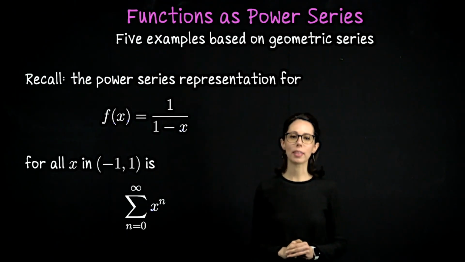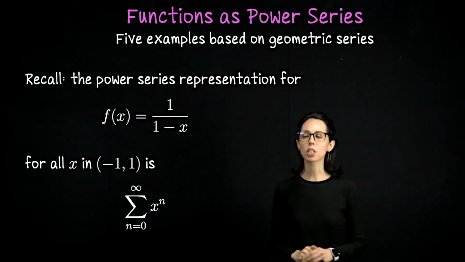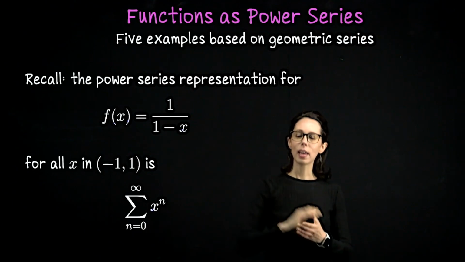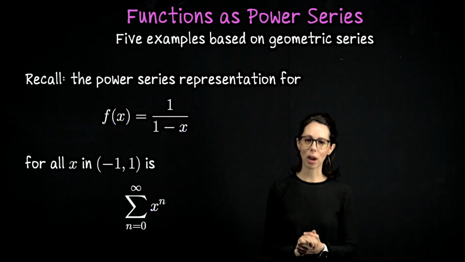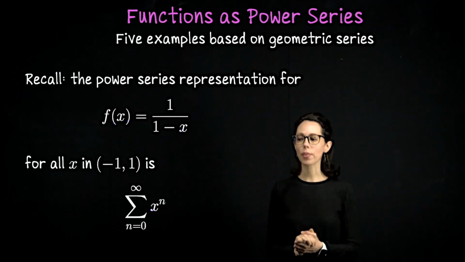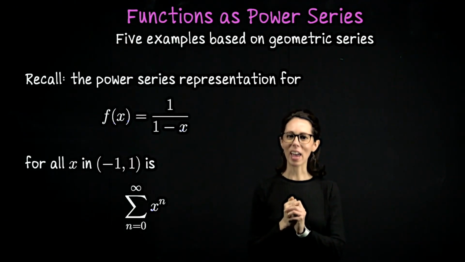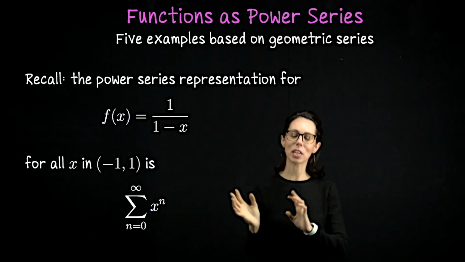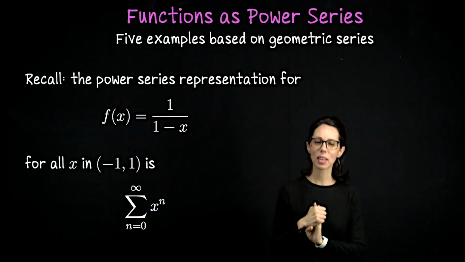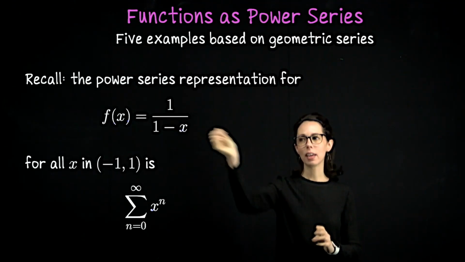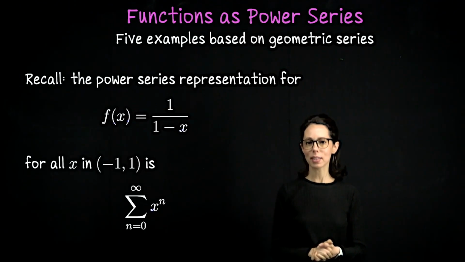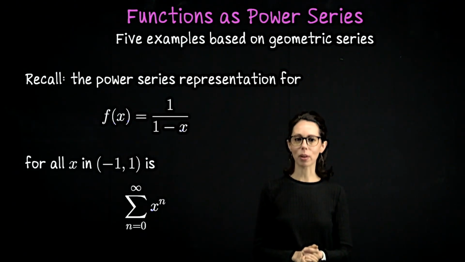What we are going to do in this video is 5 examples of functions that look very similar to this one, and we're going to come up with their power series representations. So what that typically involves is taking an expression quite like this one and doing some adjustments to the function as it's given to us so that we can bring in this relationship that 1 over 1 minus x equals this power series from -1 to 1.